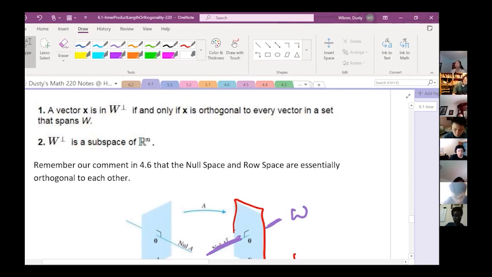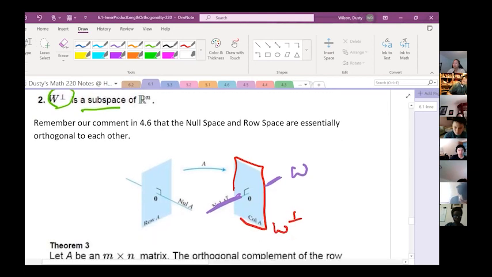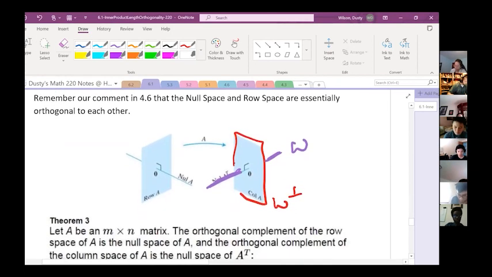So you have here that W is a subspace, and you also have that W perp is a subspace. We can look at an example of this, and I think I have some details to work through later.